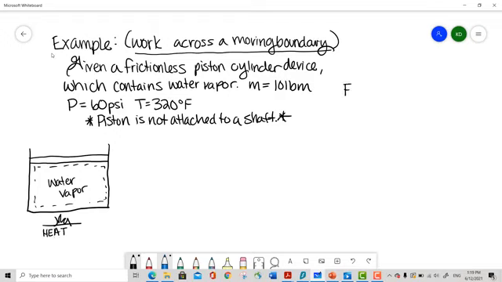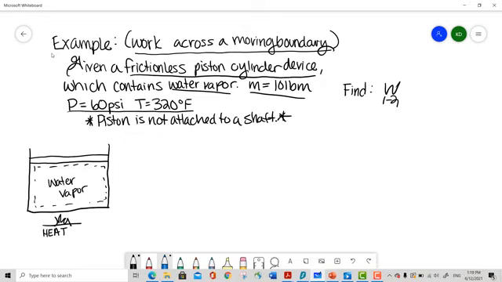And it's telling us to find work between 1 and 2. So we know that it's a frictionless piston cylinder device and it contains water vapor. We've got some givens right here, and it also says that the piston is not attached to a shaft.